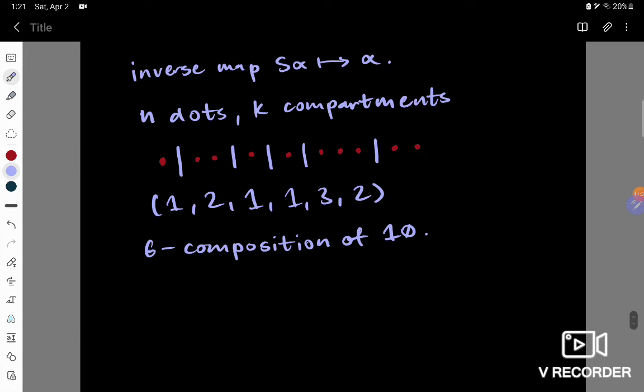The n-1 and the k-1 come in here because to divide k compartments, we need k-1 vertical bars, right? So we have 5 bars here to divide things into 6 spaces.